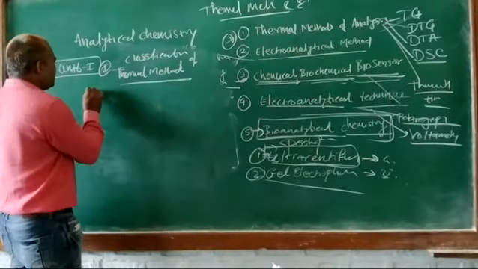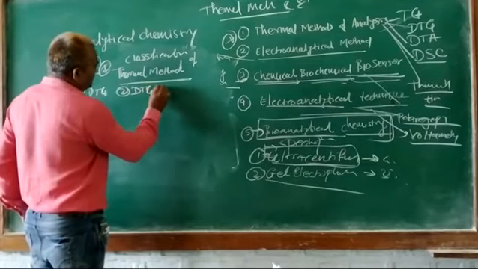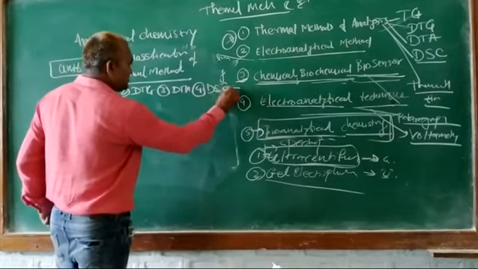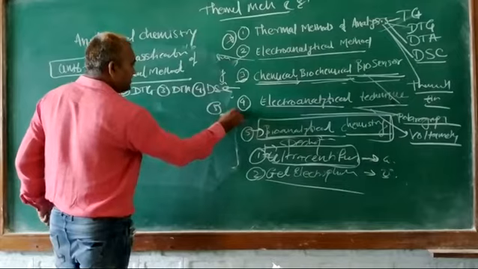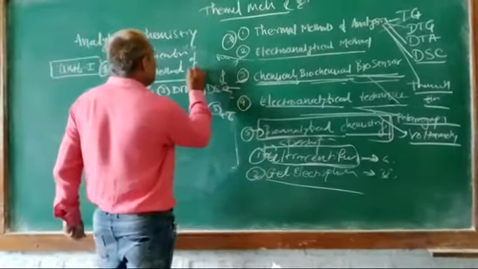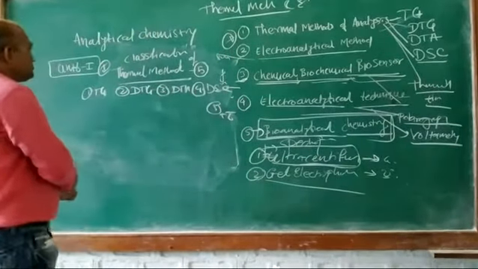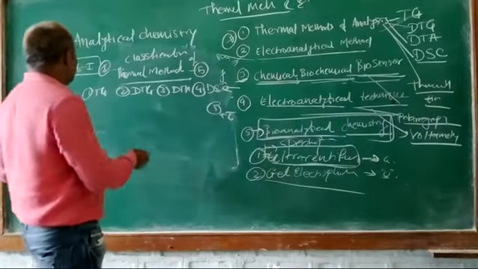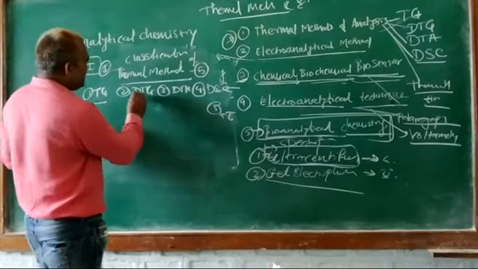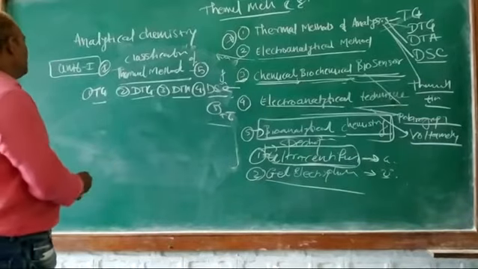Thermal methods are divided into first TG, second DTG, third DTA, fourth DSC, and fifth thermometric titrations. This is a 5-mark question that is asked: classification of thermal methods. In these questions we mainly write the general principle of TG, DTA, DSC, and thermometric titrations.